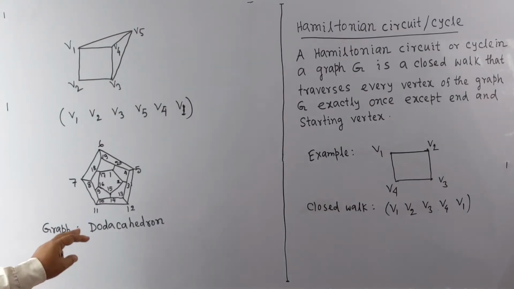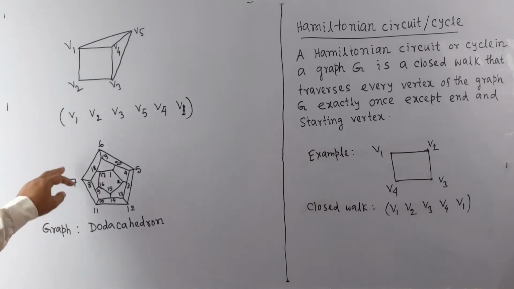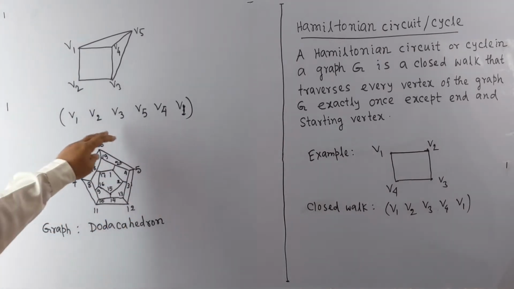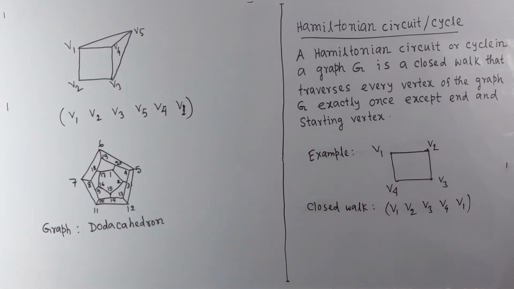Here we have a graph, dodecahedron. Here we see the graph. Here we have 20 vertices.